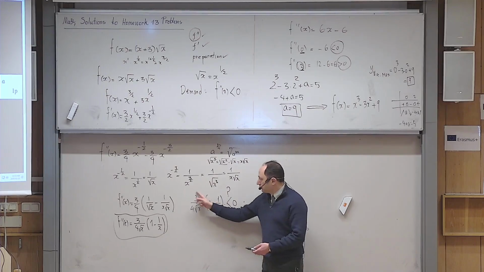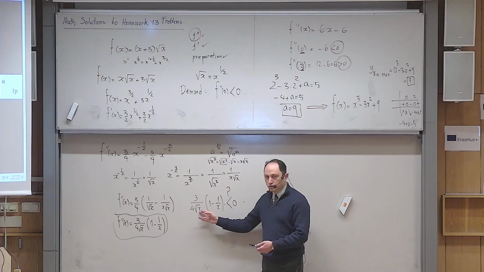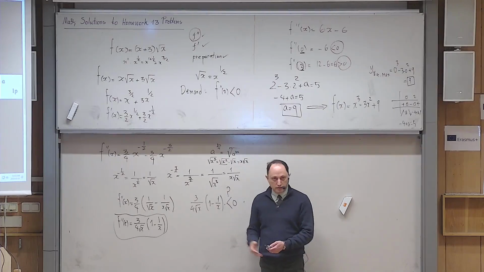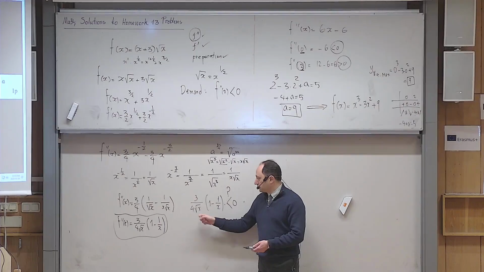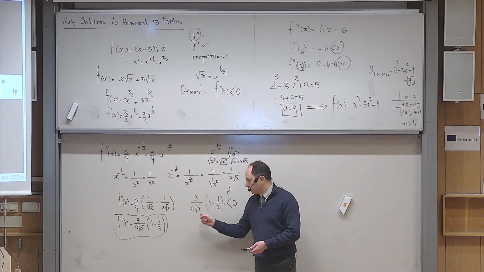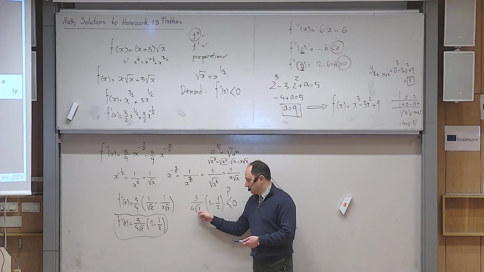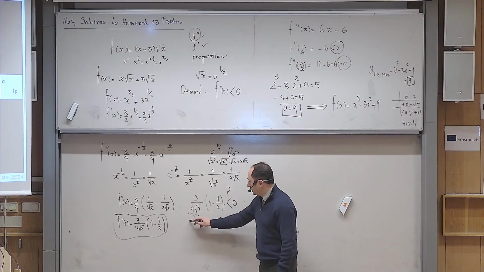But this part of the product is always positive, because the output of a square root is always positive. It cannot be negative. So 3 over 4 is positive. The square root of x: not only do I have to respect putting positive numbers there, but if I do respect that and put positive numbers there, the output is also positive. So this one is definitely positive.